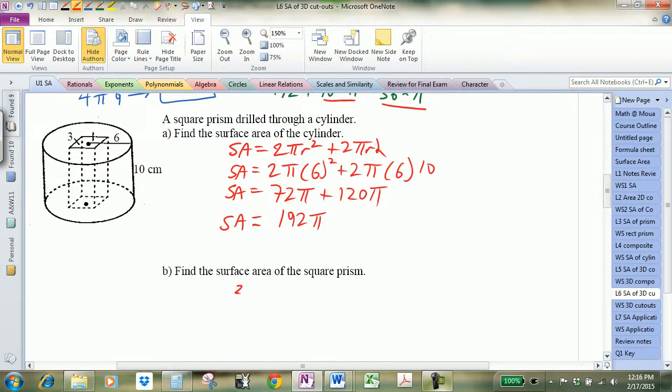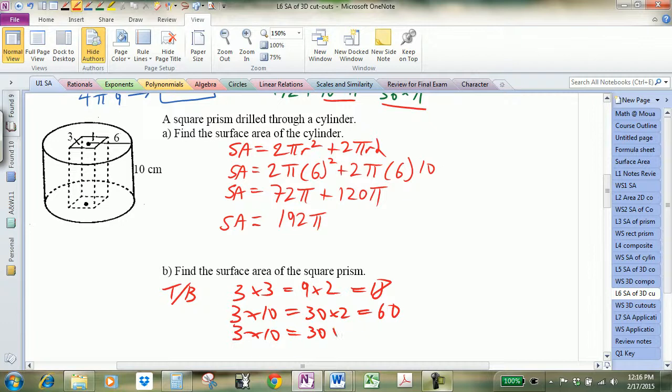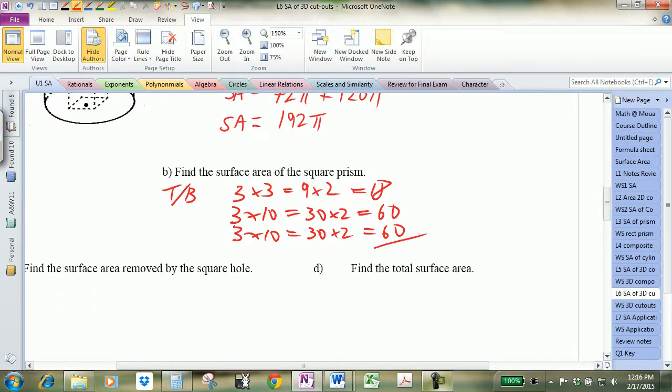Okay, so $138. How many people got that?